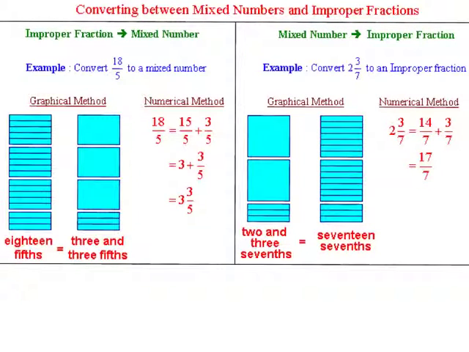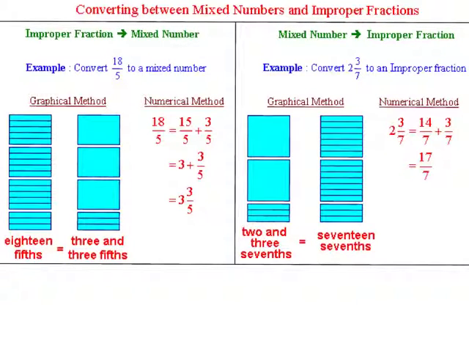Okay, converting between mixed numbers and improper fractions. Let's look first at improper fraction to a mixed number, and it gives you an example. It says convert 18/5 to a mixed number. This is important, and I want you to put these examples in your notes, because these are going to be just like some of the problems in your lesson set, and this is a really good way to not have to keep looking back in the book.